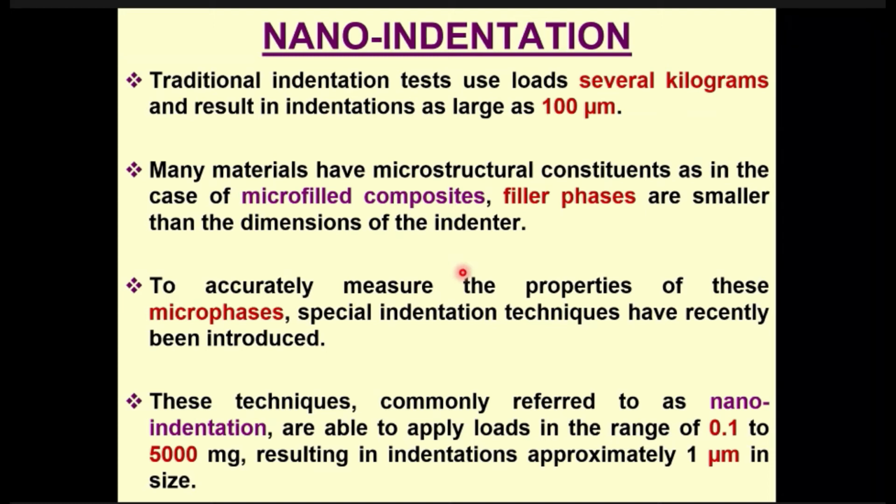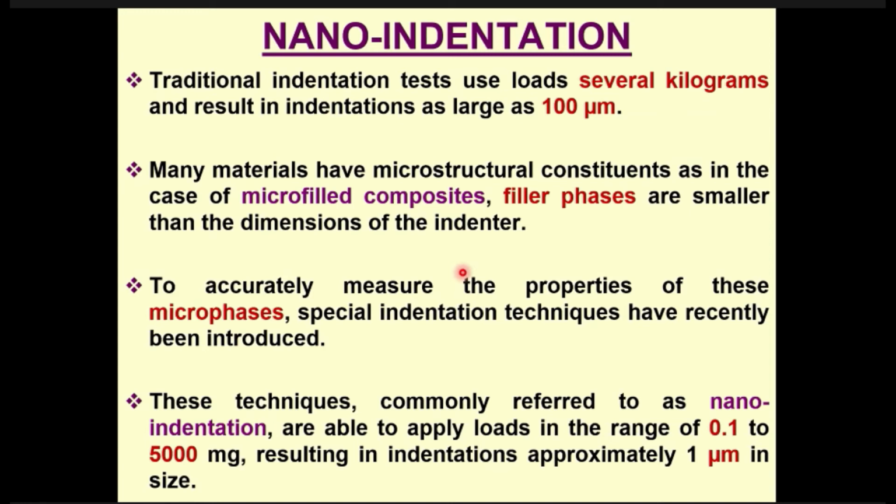These techniques, commonly referred to as nano indentation, are able to apply a very minor load in milligrams, and the resultant indentation will also be very small. So 1 micron, obviously we cannot see 1 micron with the help of the eye. So we need microscopic evaluation.